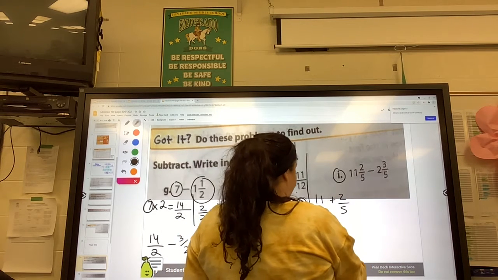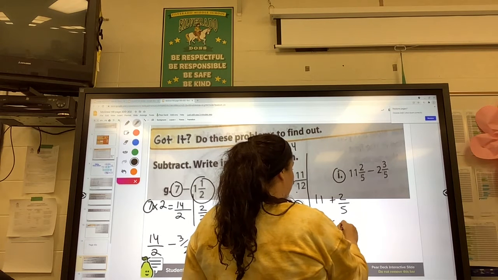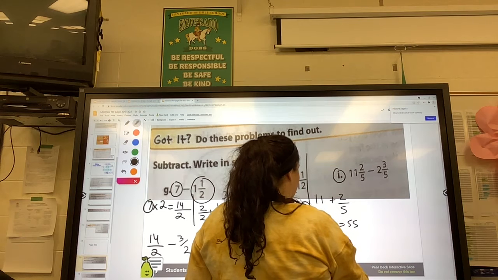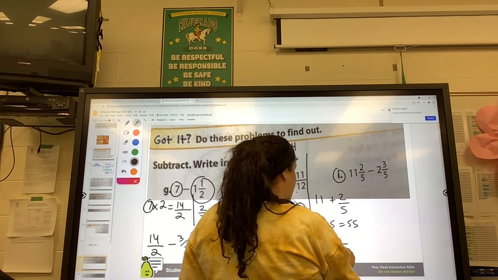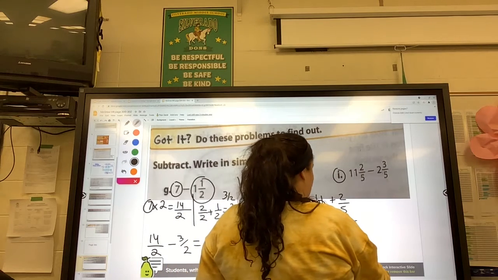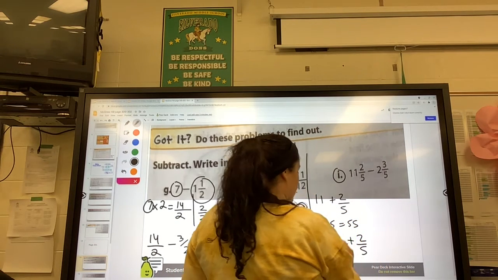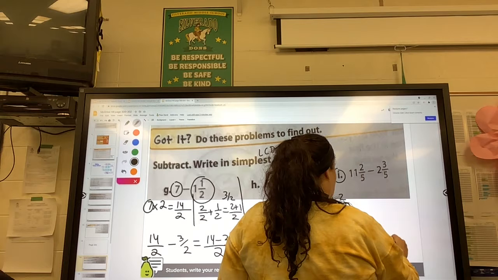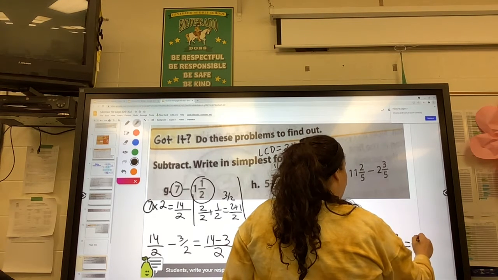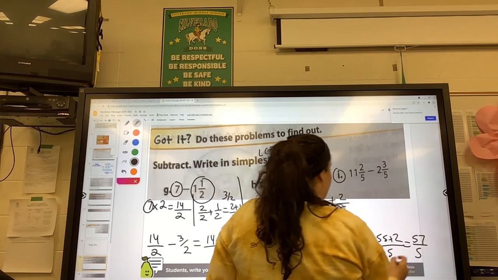I want 11 times 5, 55. So I know it's going to be 55 over 5. You put it back over that, would get you 11 plus 2/5 over 5, 57 over 5. That's this first one.